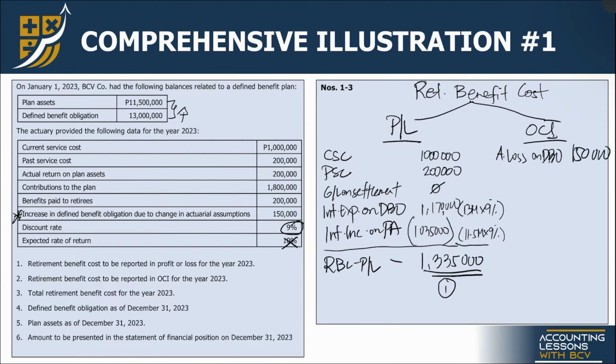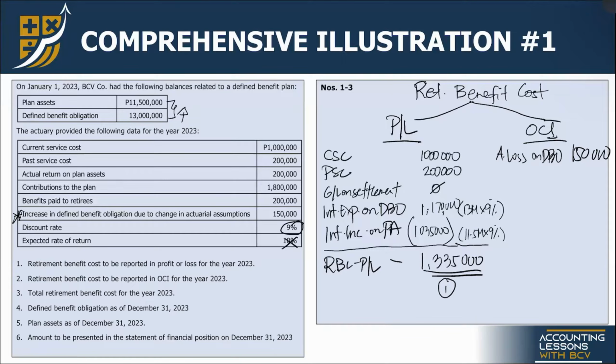Okay? Next, what about kay plan assets? May actuarial gain ba yan or loss? Paano nga ulit natin nalalaman kung may actuarial gain or loss kay plan assets? By comparing actual return on plan assets and interest income. How much is the actual return? 200,000. Okay. So, pasok niyo sa calculator yan.